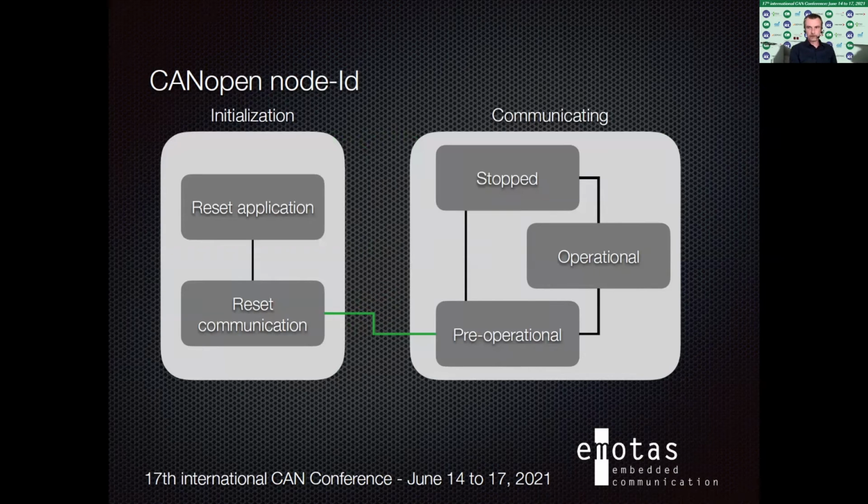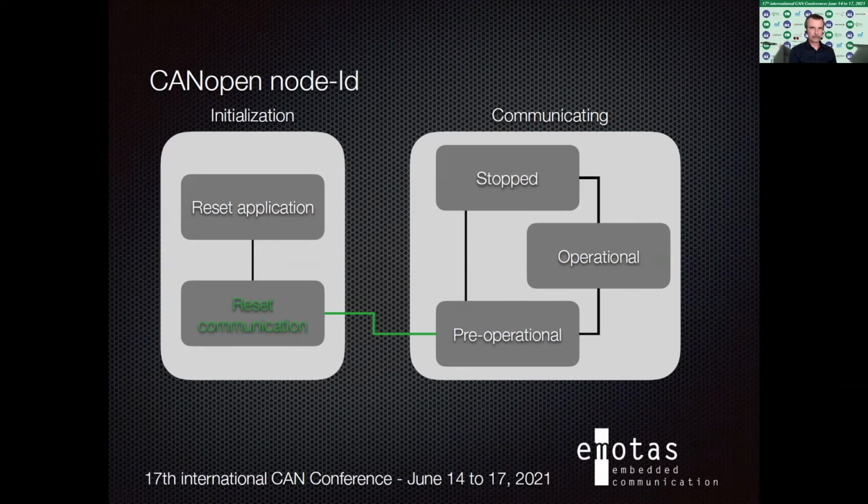The CANopen node ID actually enables you to switch from the initialization state in CANopen to the communication state. The problem here is that if the device doesn't have a node ID, it would get stuck in the substate reset communication. If you're familiar with CANopen, you know what I'm talking about. And you're not able to communicate at all via CANopen.